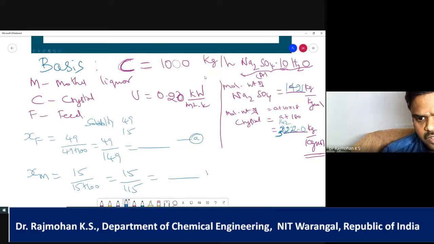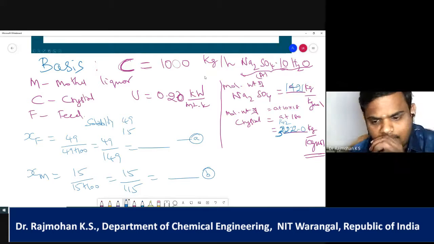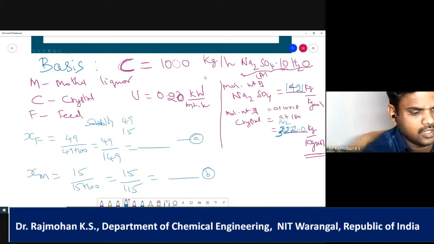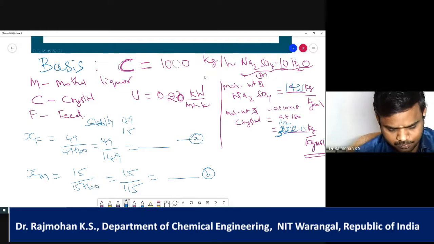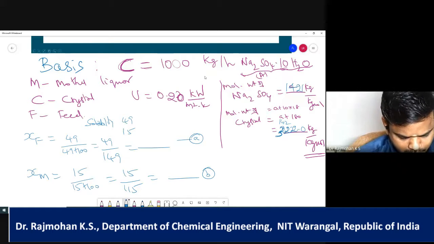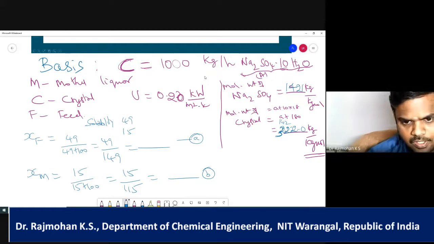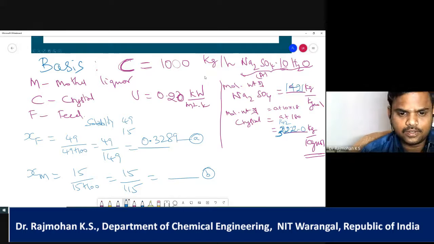So XF is equal to 49 divided by 149, which is 0.3289, rounding to 9.